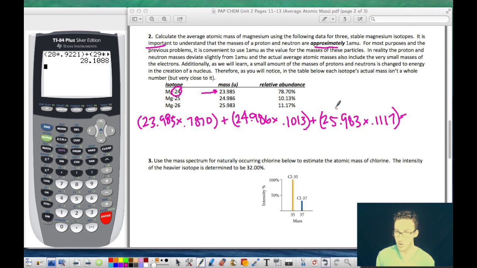So very similar process. Don't get thrown off by these new mass values. Just recognize that they're related to their whole number counterpart that they're closest to.